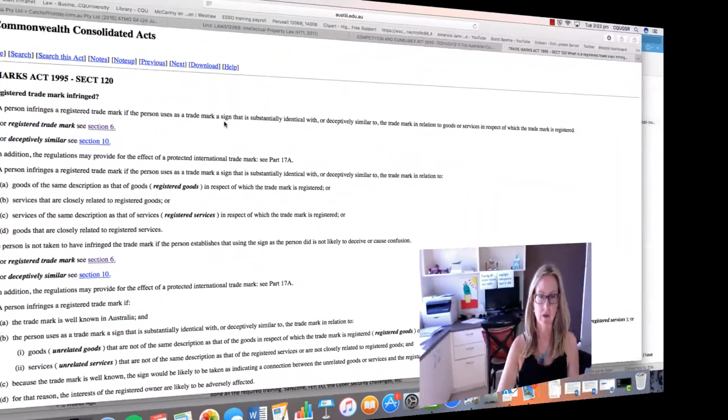So last week we were talking about trademarks, trademark registration, the action for infringement of a registered trademark. I mentioned at the end of that video that the action for passing off can be quite useful in situations where the mark itself has not been registered, or where there are difficulties in proving infringement.